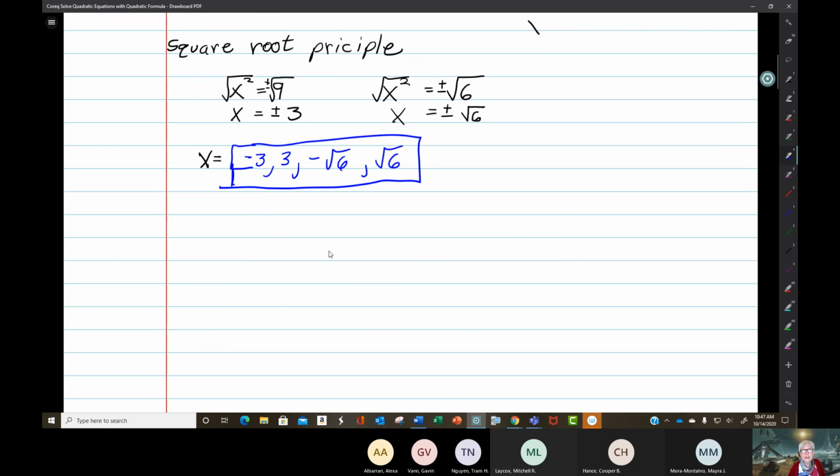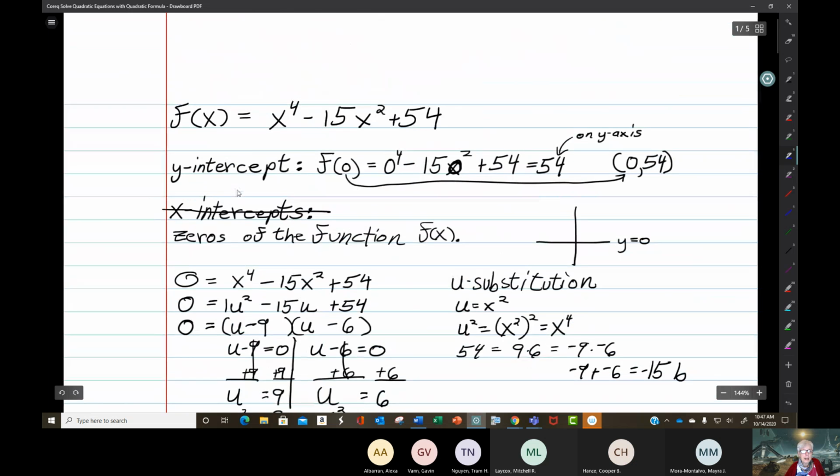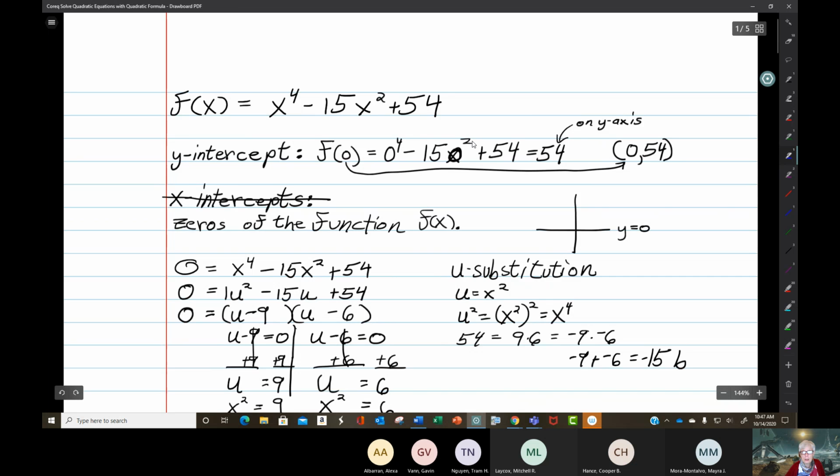So these are the zeros of the function f of x equals x to the fourth minus 15x squared plus 54.